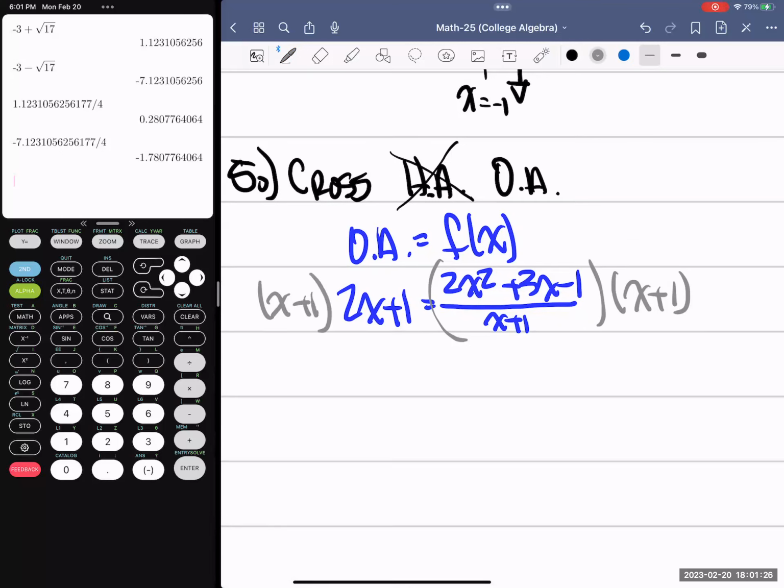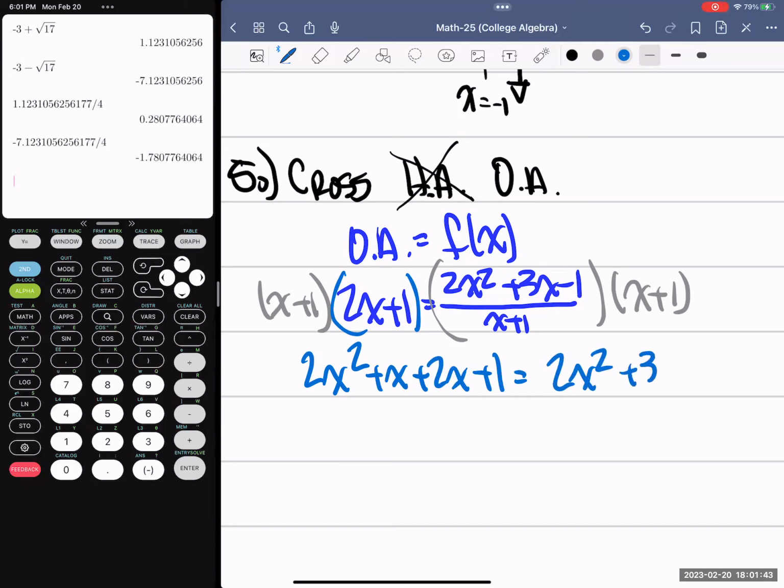On the left side, we have a binomial times a binomial, so let's be careful with that. So we have 2x squared plus x plus 2x plus 1. On the right side, we have that 2x squared plus 3x minus 1.